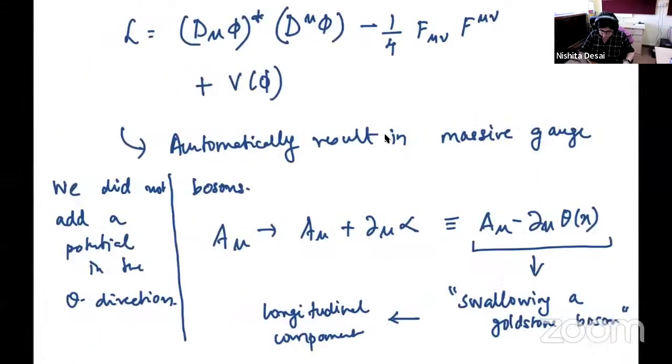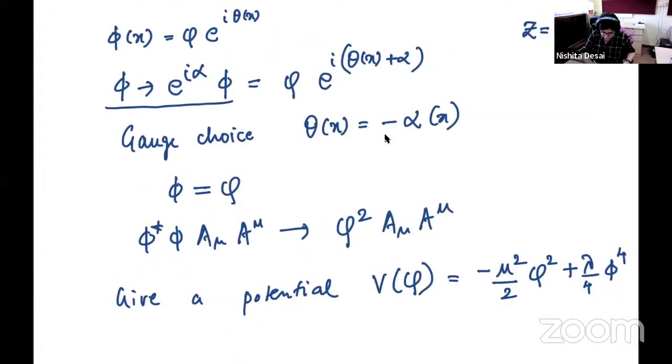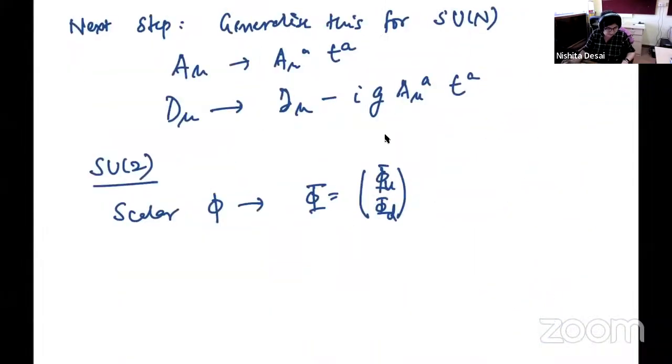And remember what we did here was we essentially separated out the radial and the exponent part, right? So we're going to do something similar here as well.